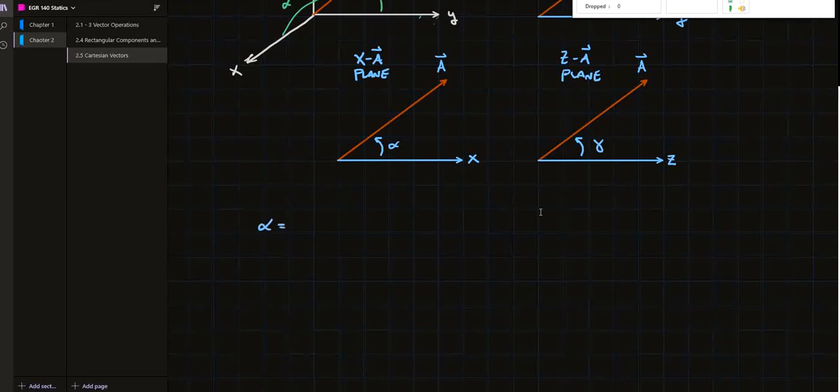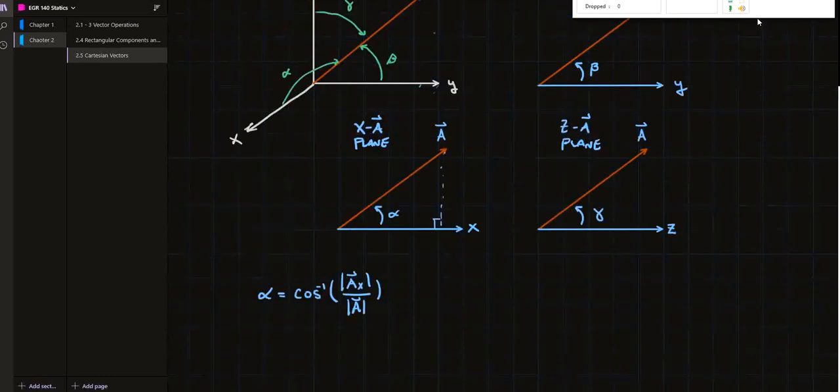So alpha is going to be equal to, if you look here, this is adjacent over hypotenuse. You can see a right triangle here. So this is going to be the arc cosine of Ax over A, and this is the magnitude A. So it's really the magnitude of Ax over A, and this is Ax here.